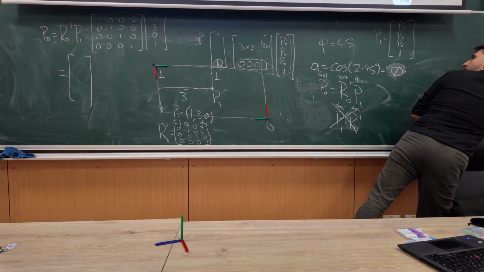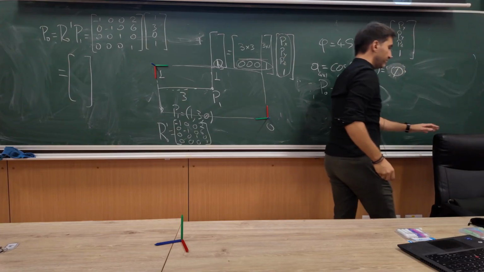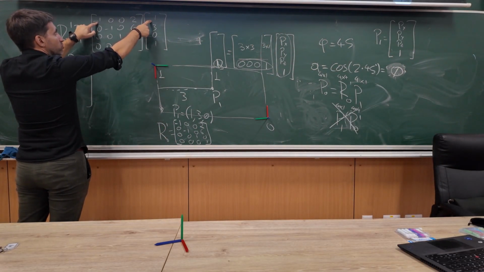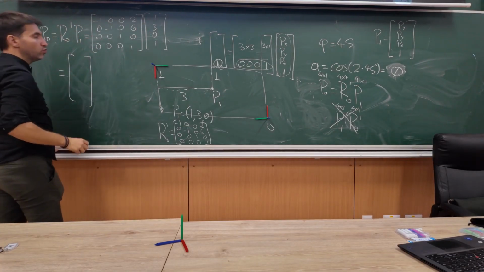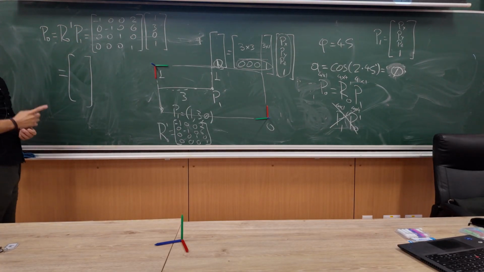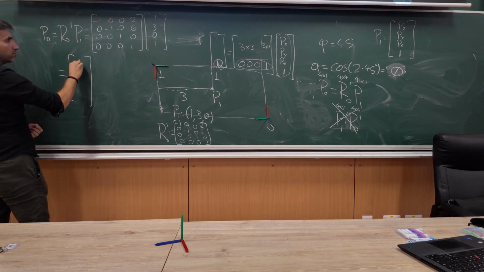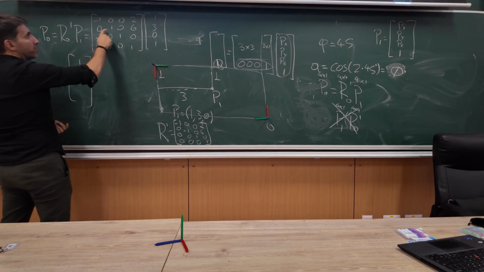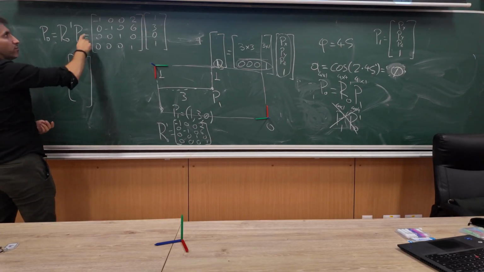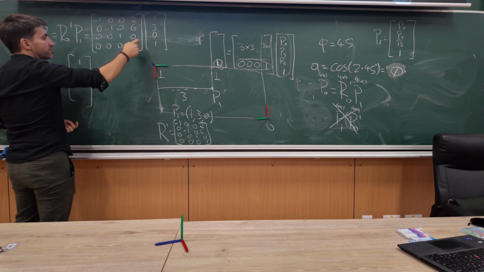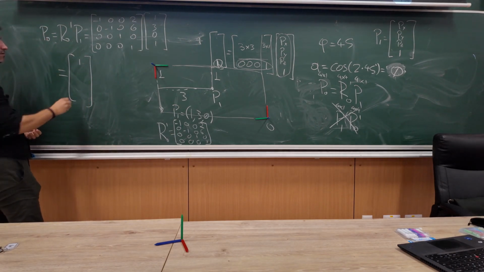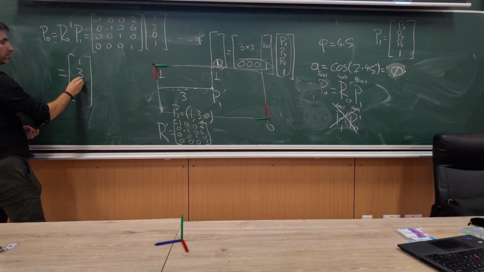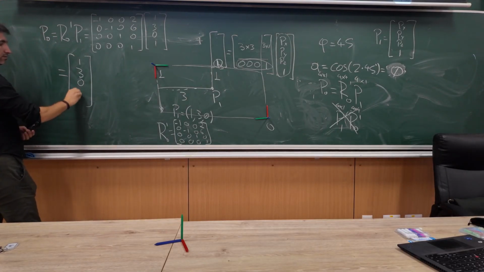Minus 1, 1, minus 1, plus 2, 1. Yes. So this one, it is minus 3 plus 6, 3. This times this, 0. This times this, 1.